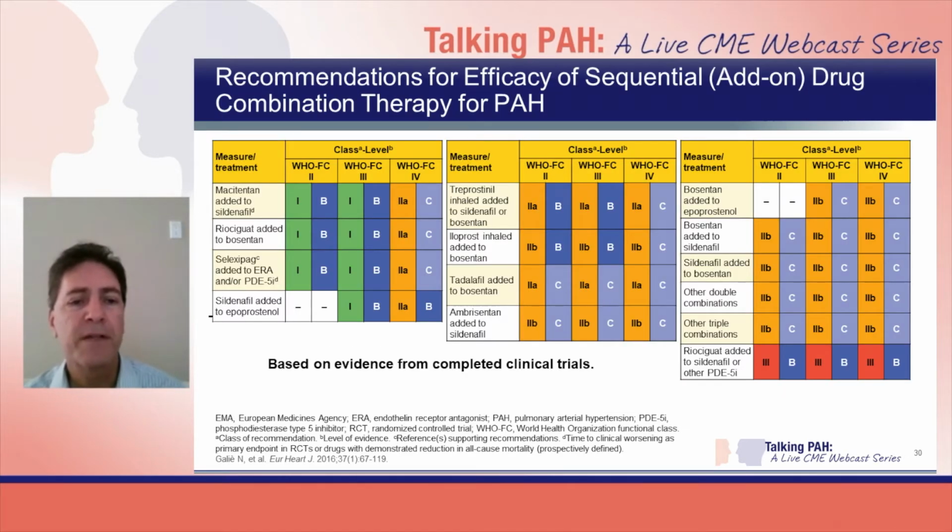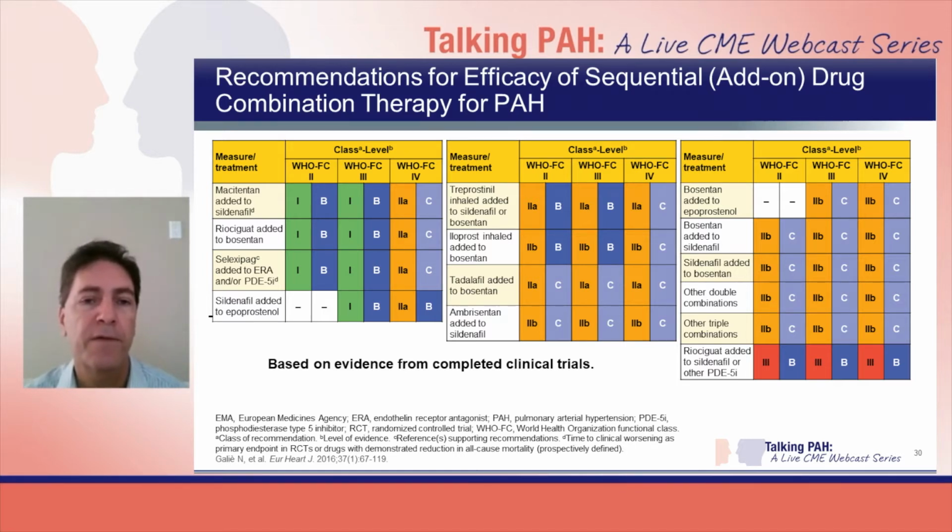And if you look at the recommendations in that ERS, ESC, ISHLT guideline, you can see that the decision tree here, or the process with which we recommend treatments, is based on strength and level of evidence. And so for the green, we have a grade 1 and a level of evidence in blue of B, for functional class 2, 3, and 4.